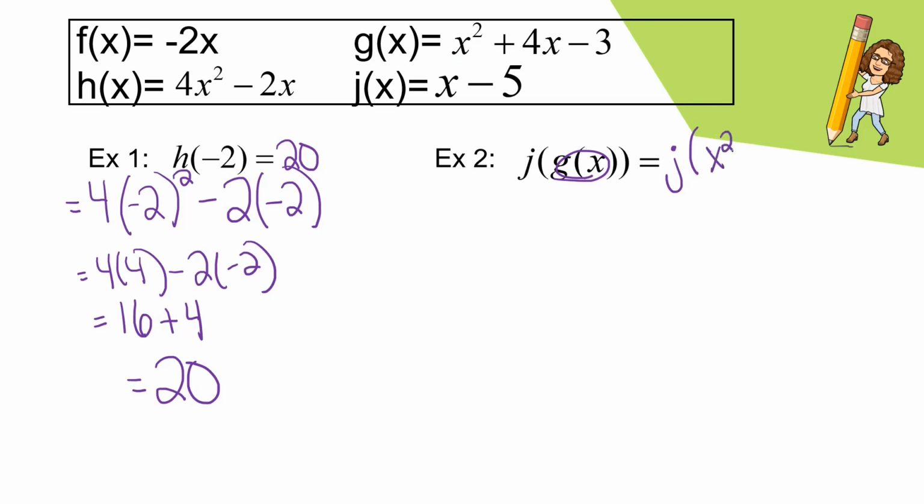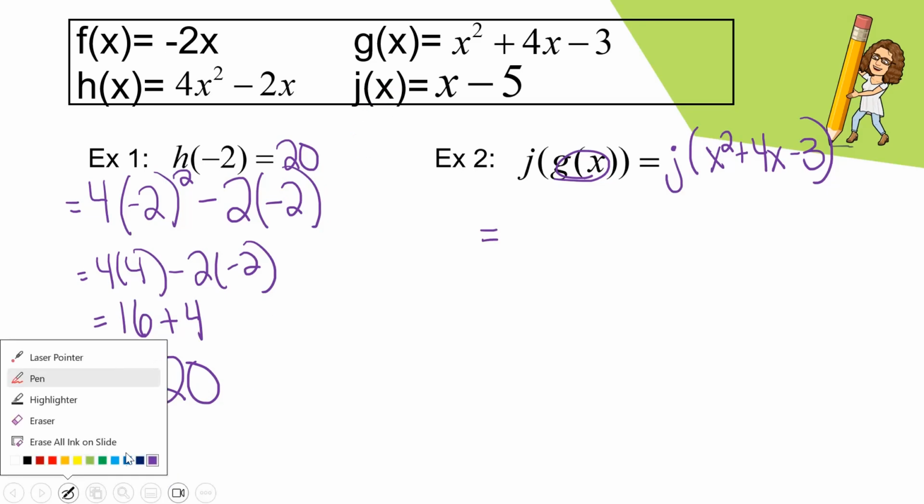So I'm going to write that in the parentheses instead of his name. That way it doesn't look as scary and it's a little easier for me to understand. So now I am told that into function j, I am going to substitute x squared plus 4x minus 3. So I'm going to look over here and write j's function.